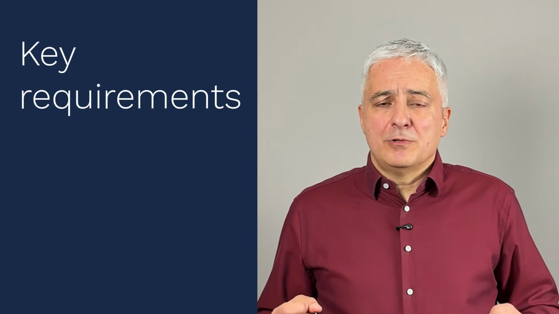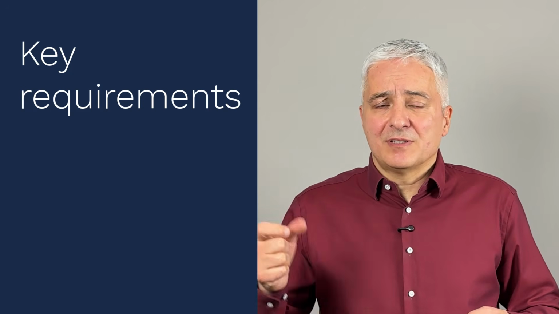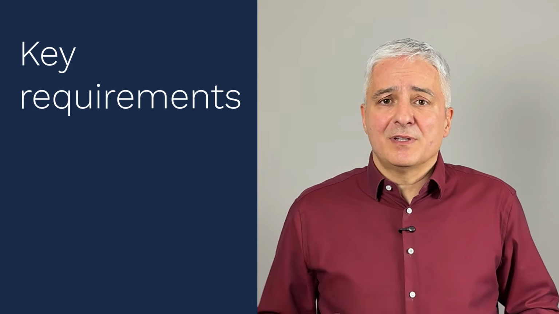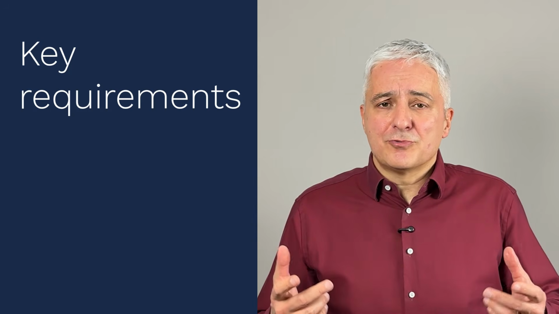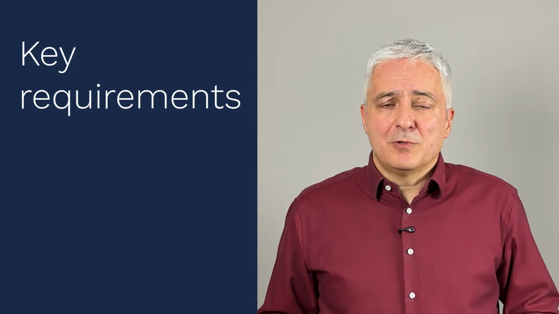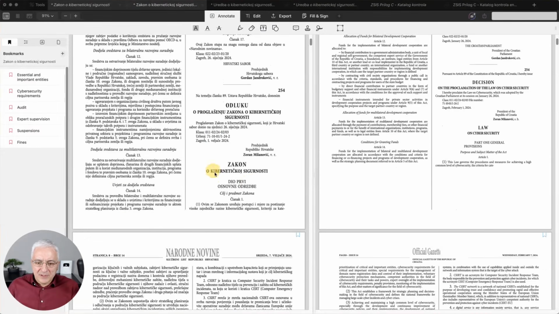Okay, let me now show you a couple of key points that companies need to comply with under this NIS2 law and regulation and this annex with the list of controls, so what exactly they need to comply with. I'm showing you now the cybersecurity law. On the left-hand side you can see the original text in Croatian, and on the right-hand side you can see the translation into English.